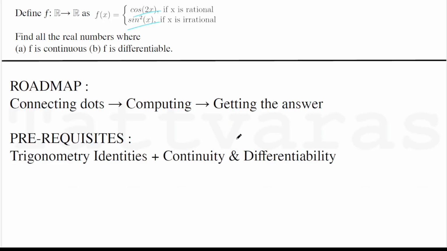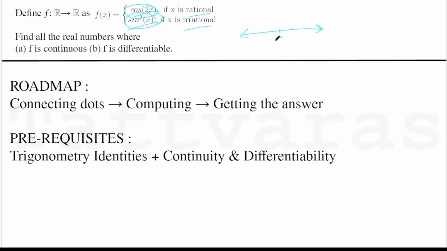Now, this may be intuitively quite clear: just see which points have this thing equal to this thing. But there is a subtle nuance in the sense you have to write things properly. And it's difficult to visualize rational or irrational in a function, right?